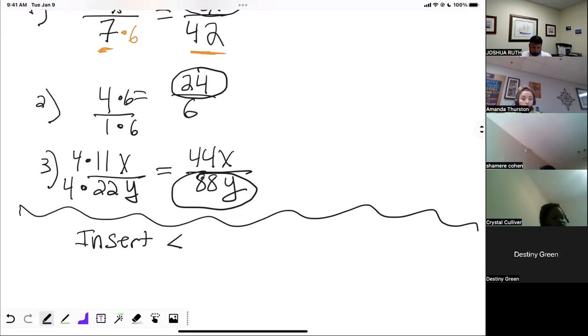Okay, we're going to talk about determining which fraction's smaller, which one's bigger. So insert less than or greater than to form a true statement.